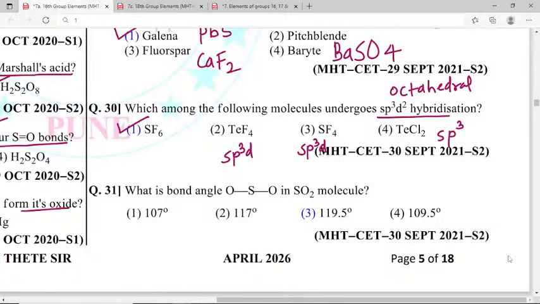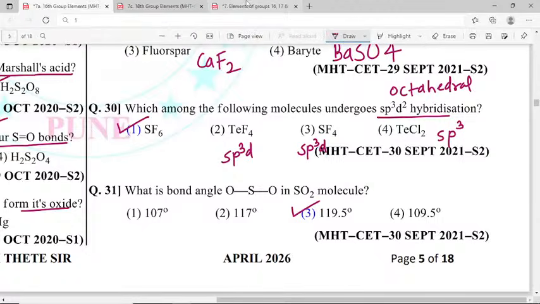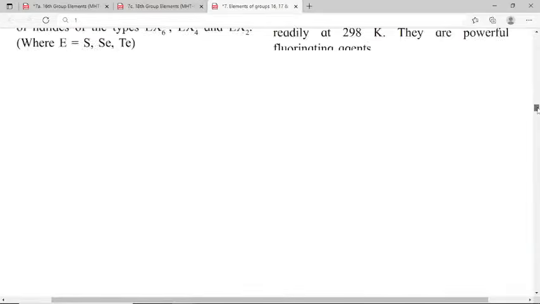What is the bond angle? Oxygen, sulfur, oxygen, SO2, 119 degrees. Bond angle in sulfur dioxide.